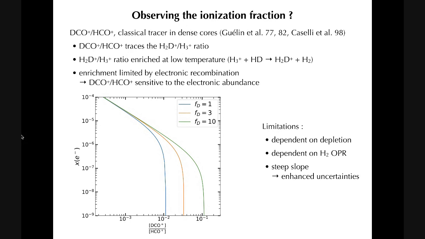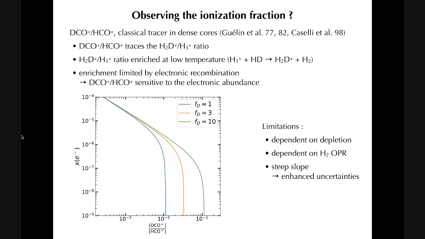This deuteration fraction, H2D+, is enriched at low temperature, but this enrichment is limited by electronic recombination. And so this DCO+/HCO+ ratio should be sensitive to the abundance of electrons.